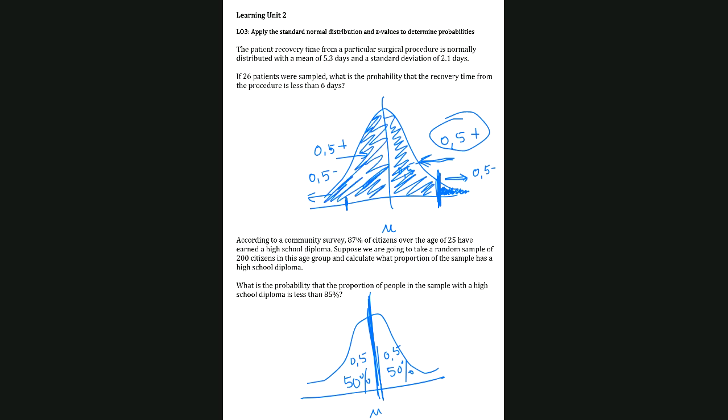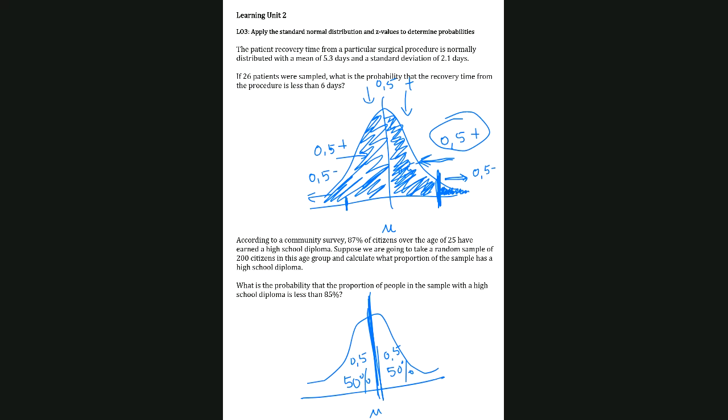So it's the entire 0.5 here plus whatever portion is shaded on this end. So this is the idea behind the 0.5 plus and minus rule.